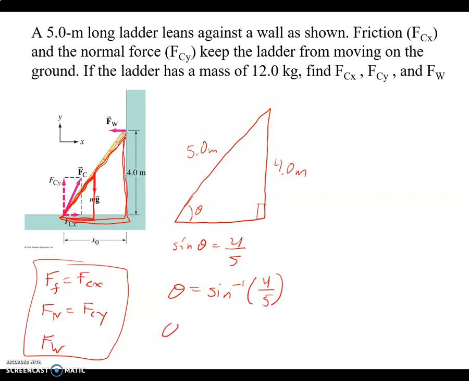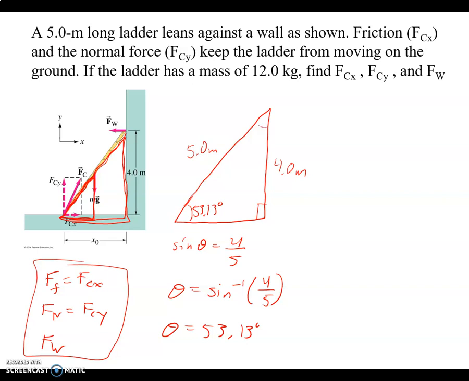You get an angle of 53.13 degrees. So I'm going to go ahead and put that right in here. Which means any of these angles, like this one right here, or by the law of parallel lines, this angle right here, both of those are going to be equal to 53.13 degrees.